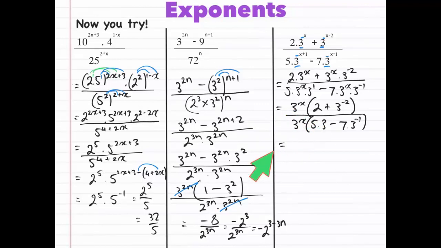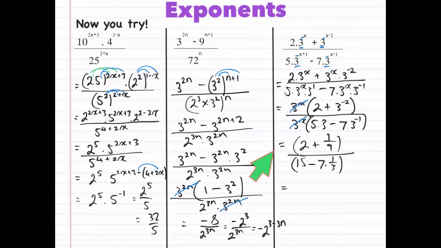So equals, and now we can divide those two, and then we simply have a 2 plus 1 over 9 divided by 5 times 3, which is 15, minus a 7 times 1 over 3. Now, don't struggle with all of this. You can simply do it on your calculator exactly the way it is written there.